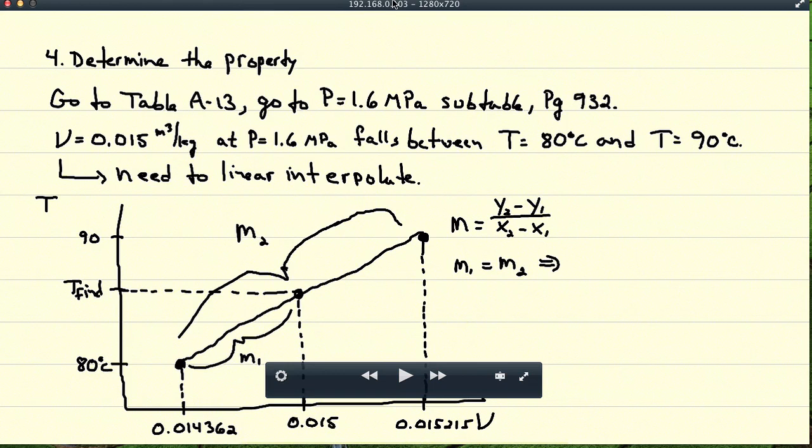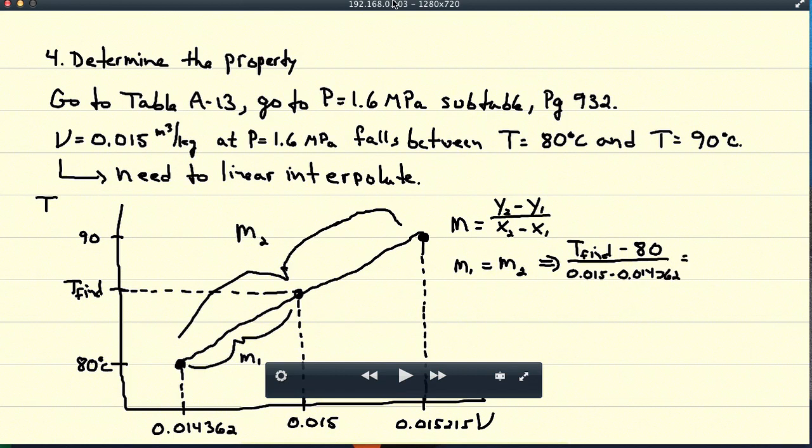Well, the slope of M1 is T find minus 80 divided by 0.015 minus 0.014362.